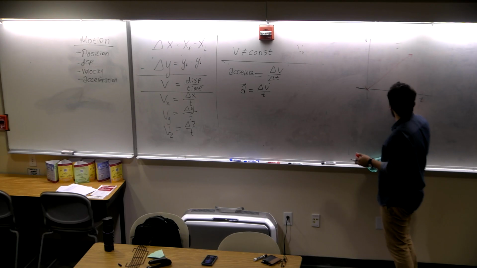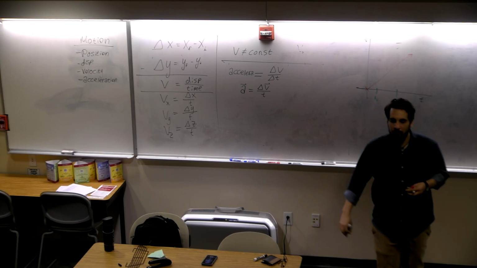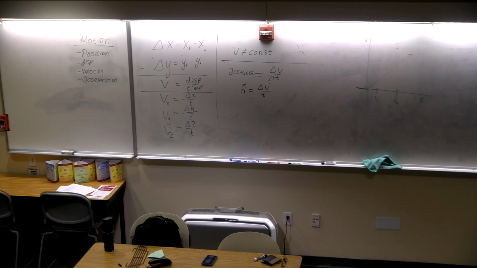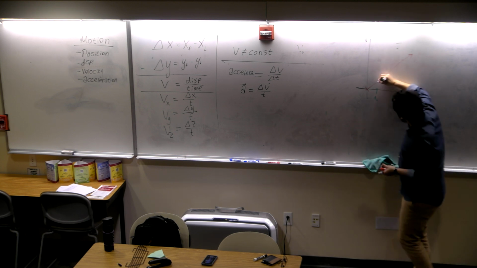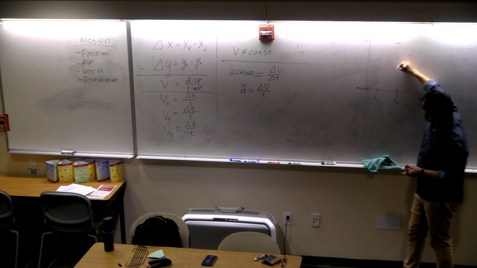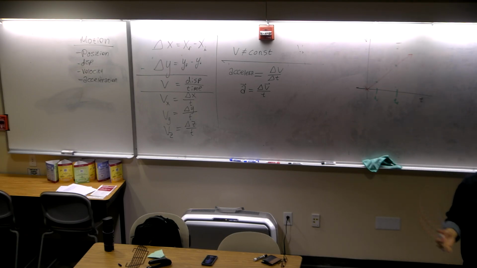Let's say this is t final, t initial. Whatever those times are, I don't care. They just exist. It's 1 second and 3 seconds, or 2 seconds and 4 seconds. It doesn't matter. We look at what those points are represented on this line. It's not a curve yet.